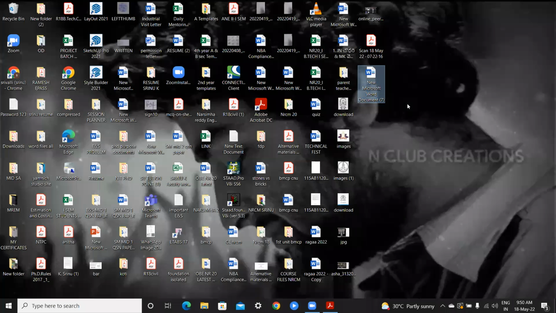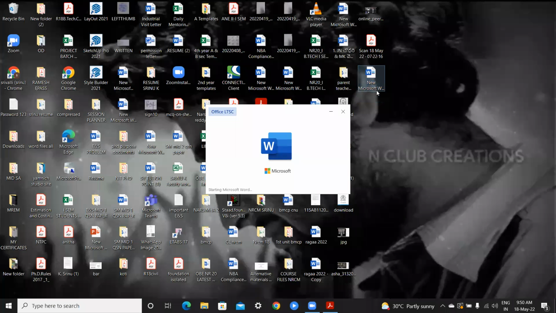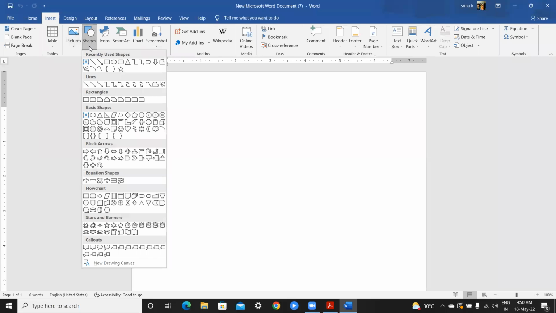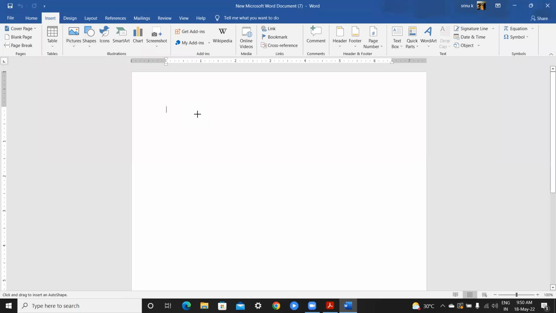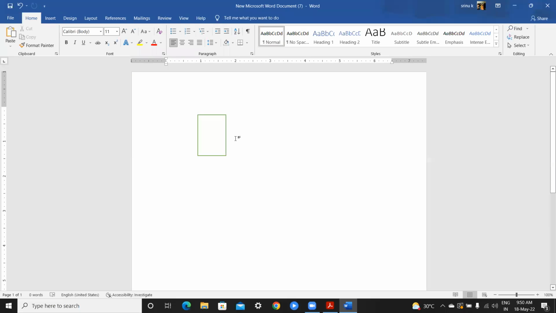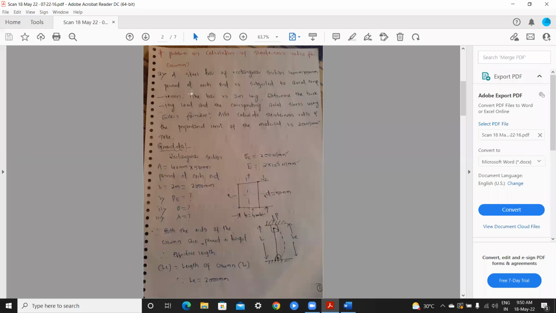I will write the given data here so you can understand. This is the cross section of the column. What is our given data? A steel bar of rectangular section 40 mm into 50 mm, pinned at each end.